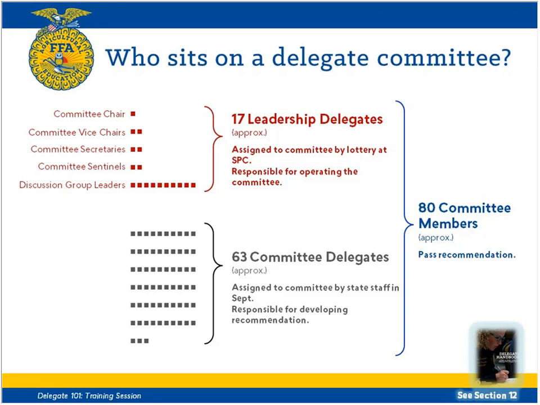And if you're a committee delegate, your responsibility is developing the final committee recommendation. And so leadership delegates run the committee, delegates develop that official recommendation, and then the committee works together to pass the recommendation within committee before it goes to a vote before the entire delegate body of 475.